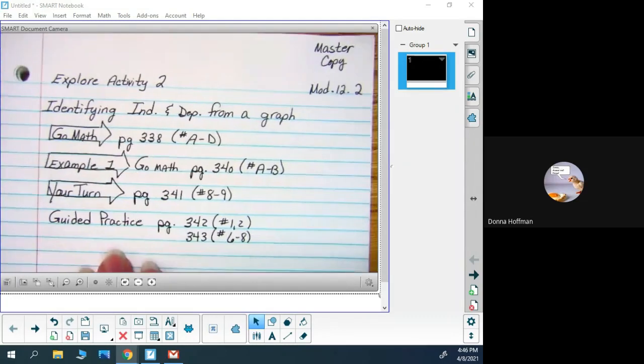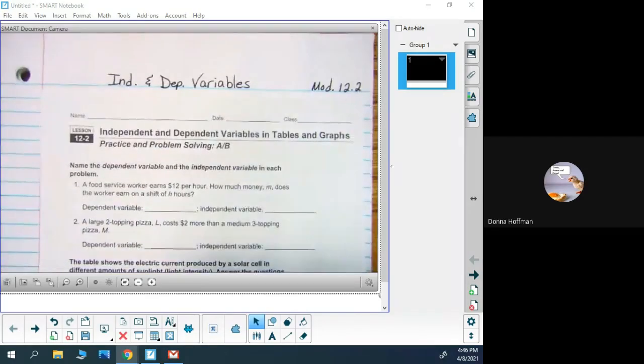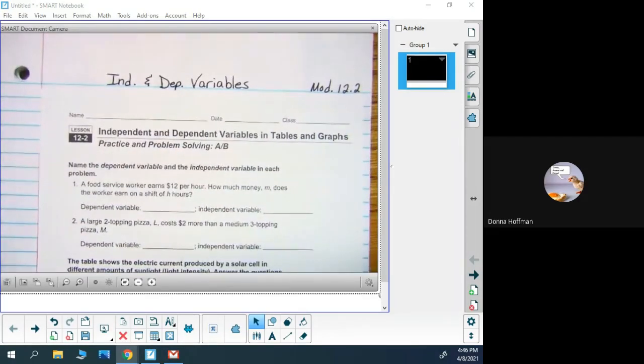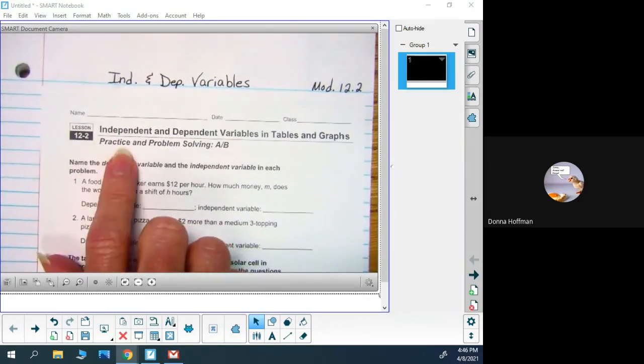Well, then you can go into the Go Math. You would be able to complete your Go Math pages 337 to 338. You know what? Don't worry about that. We're just not even going to do that. I just want you doing this one page here, okay? So that would be all you'd do is enter this in teachermade.com.